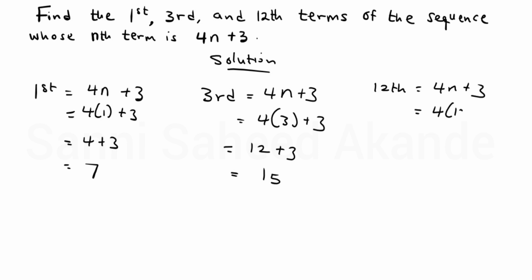So 4 times 12 is 48 plus 3, and 48 plus 3 is 51. So these are the values of the first, third, and 12th terms of the sequence whose nth term is 4n plus 3.